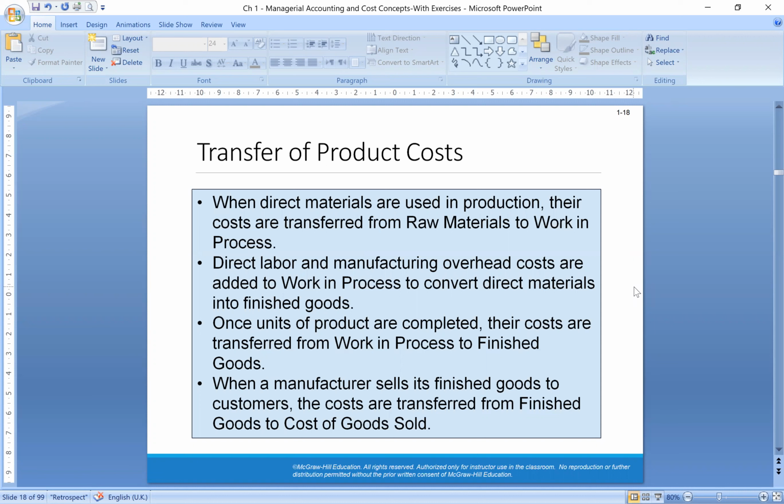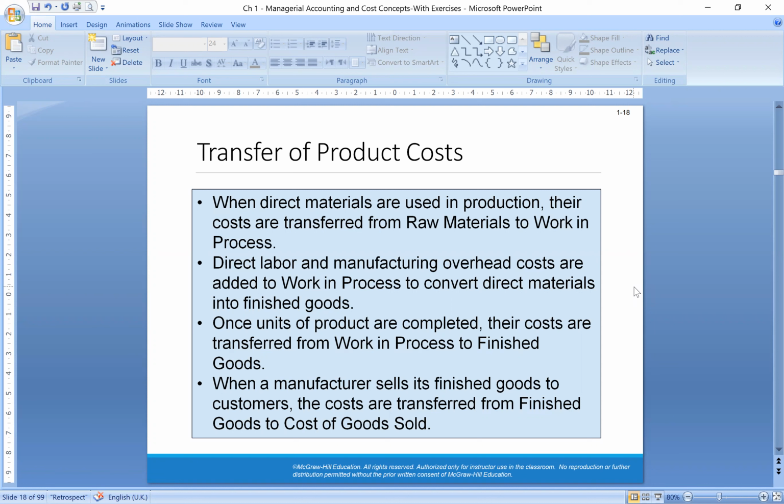The work in process needs direct labor and manufacturing overhead costs to start the processing. So direct labor and manufacturing overhead costs are added to the work in process to convert the direct materials into finished goods, which is called conversion costs. Once units of product are completed, their costs are transferred from work in process to finished goods.